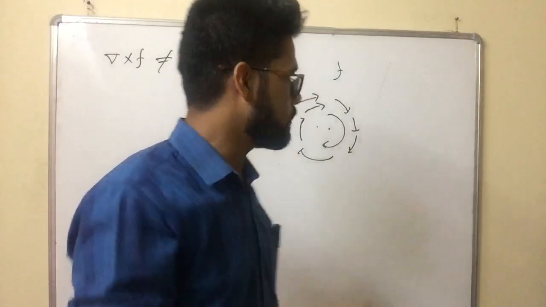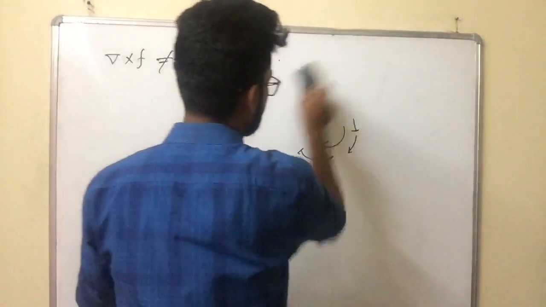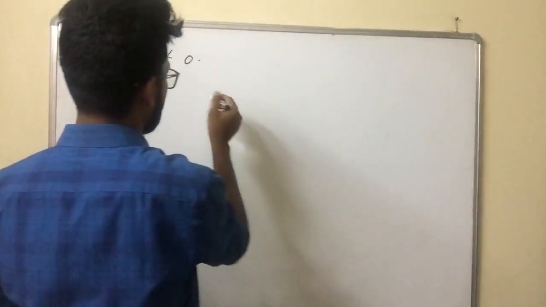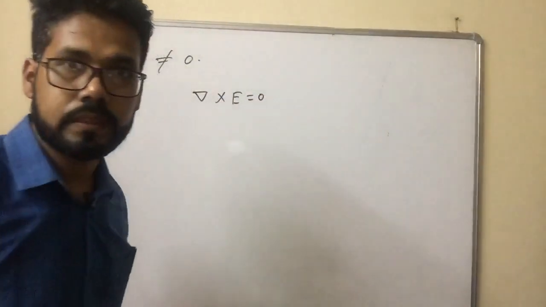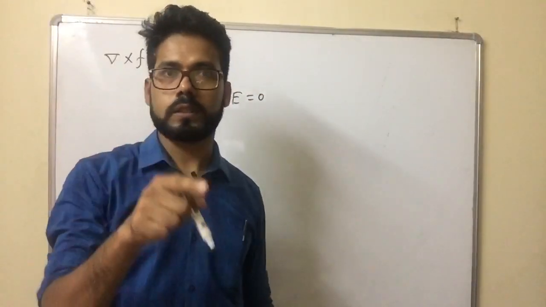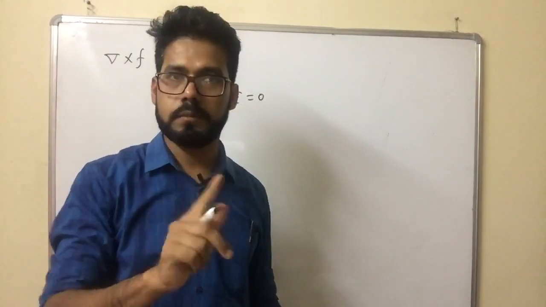For example, I am giving one example. In electrostatics, del cross E equals 0. That means the electric field is non-rotating in a static electric field, not a dynamic electric field.